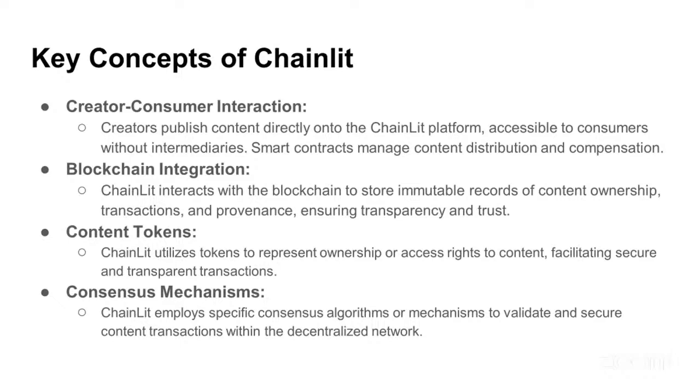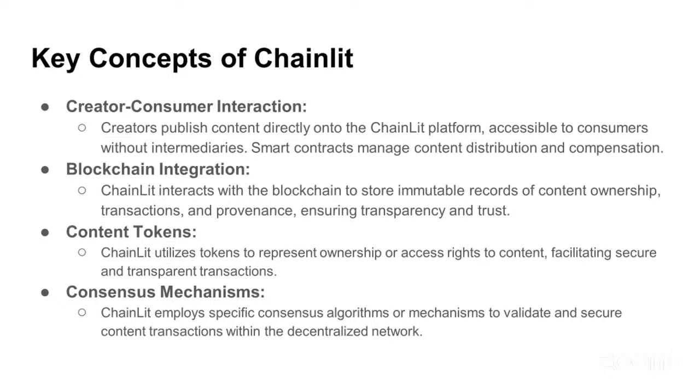So it will have a creator-consumer interaction. Creators will publish content directly on the Chainlit platform. It is accessible to consumers without any intermediary persons or any intermediary framework. Okay, so the smart contracts manage the content distribution as well as compensation.